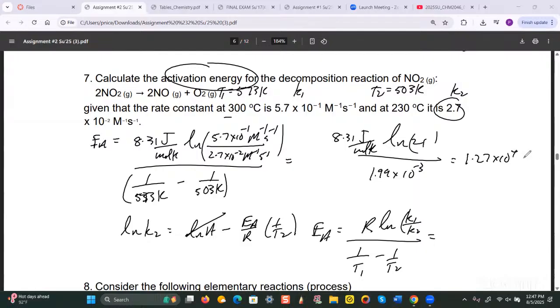The units here would be joules, and this would be Kelvin to the minus 1, so this is going to cancel out with this. So you're going to get 1.27 times 10 to the 4 joules per mole. And that's how that is done.